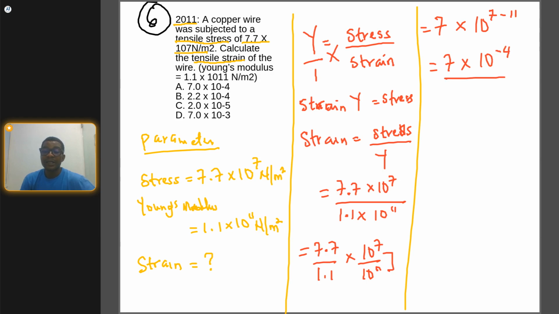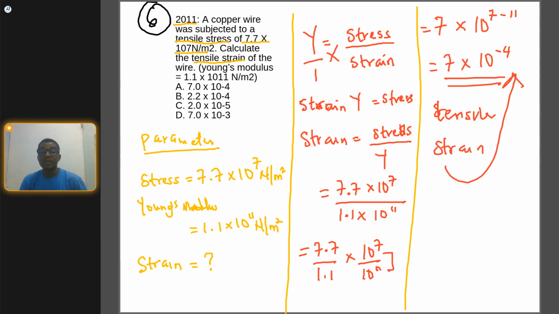So the tensile strain is given as 7 times 10 raised to power minus 4. And the tensile strain does not have a unit. So this will be the final answer.